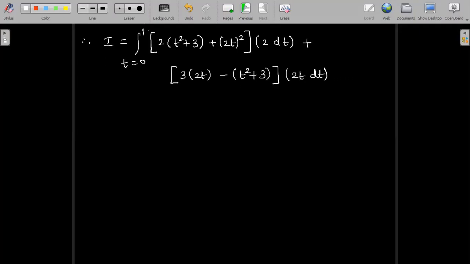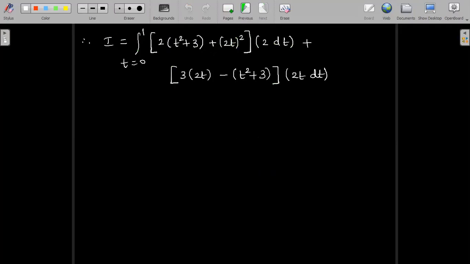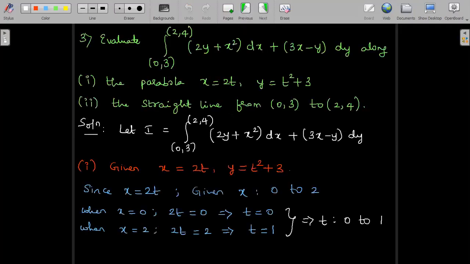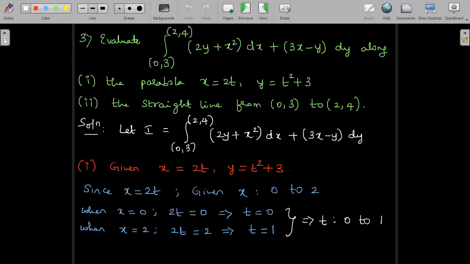So this we need to integrate between the limits 0 to 1. Let me show the substitution step to you. Everywhere where we have the 2y plus x square term, we are substituting 2 into y, y is t square plus 3, and x square is nothing but 2t the whole square into dx.